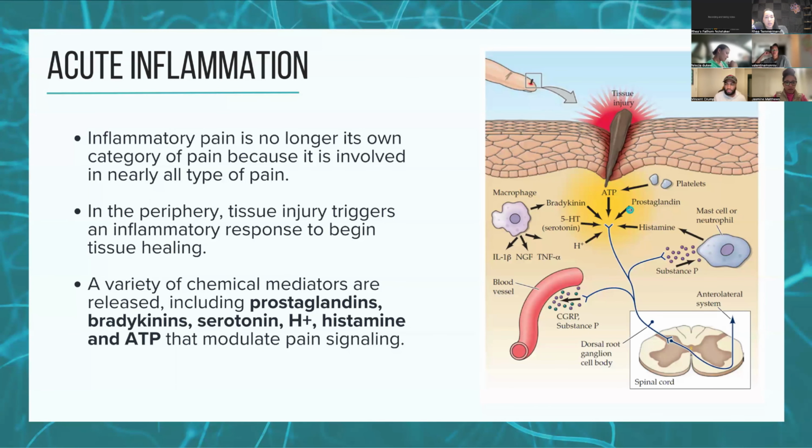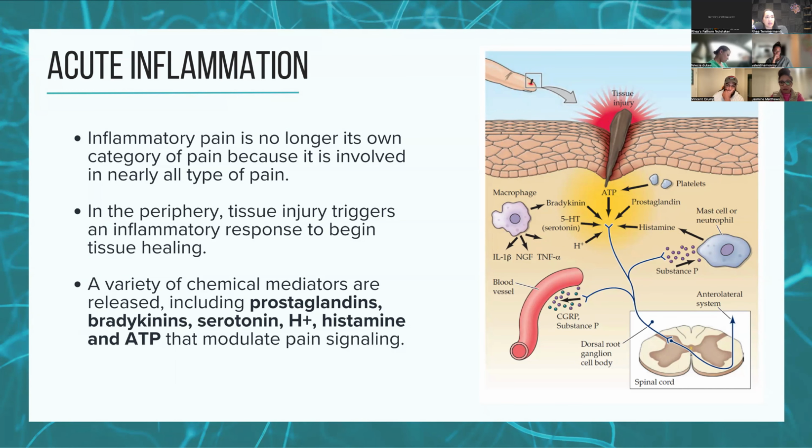What it does, though, is a lot of these chemicals decrease the firing threshold of those nociceptors. So it makes that area a lot more sensitive. And of course, it's swollen, there's lots of fluid there. But if inflammation goes on for a long time, those nociceptors can actually change the way that they function so that they fire at a much lower threshold than what they normally would.